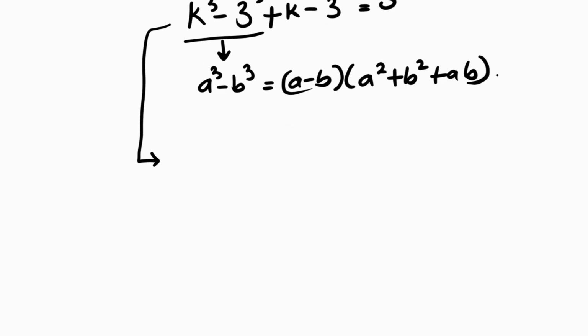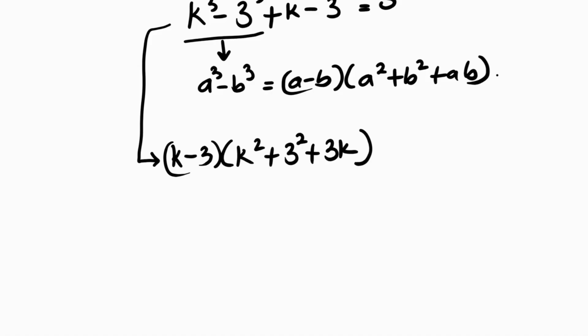So this now becomes k minus 3 into k squared plus 3 squared plus 3k, plus k minus 3 equals 0, which is this one here.